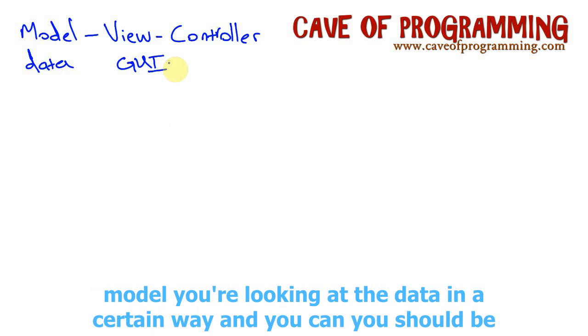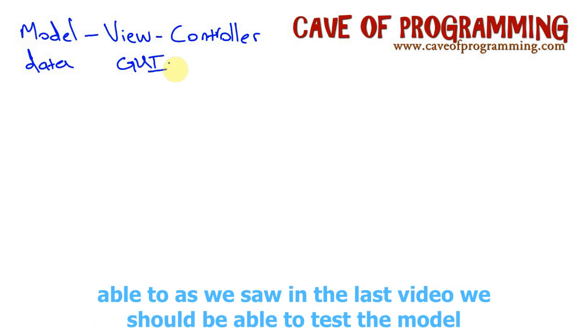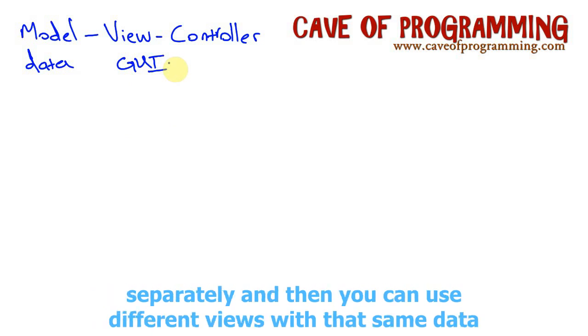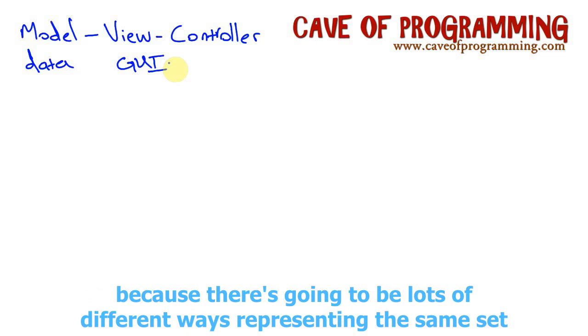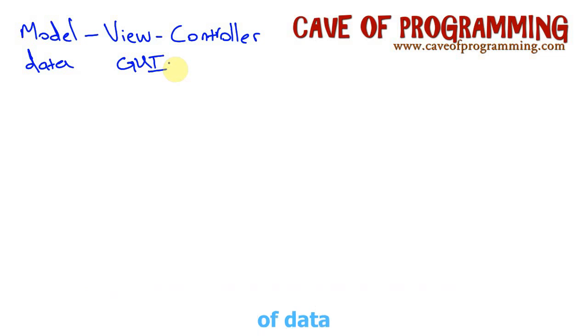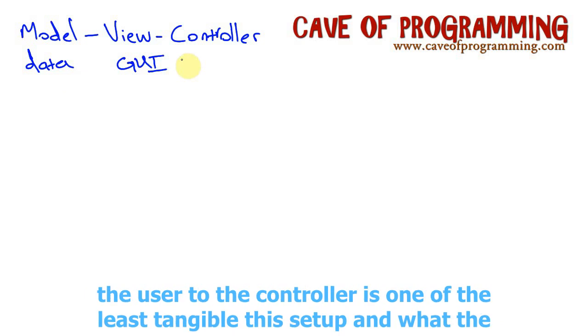You're looking at the data in a certain way, and as we saw in the last video, you should be able to test the model separately, and then you can use different views with that same data model if you want to. You might only create one, but you could use different views because there's going to be lots of different ways of representing the same set of data. So that's the view, and that has to do with interacting directly with the user.